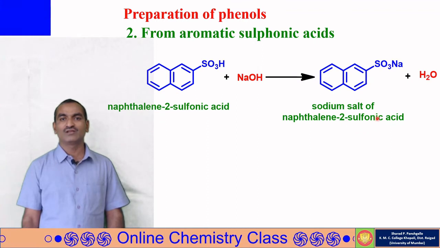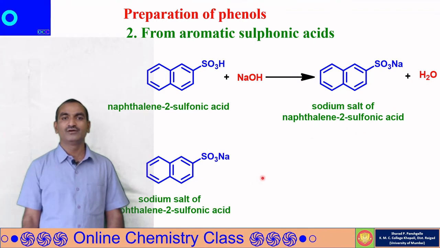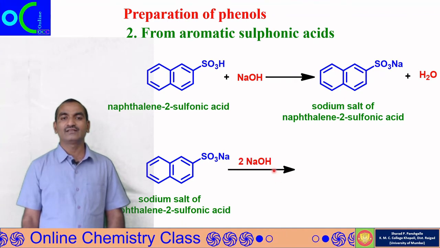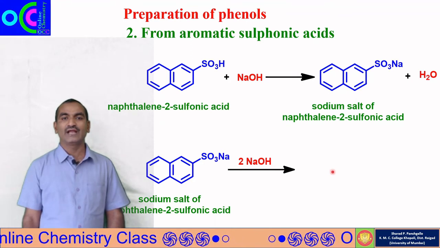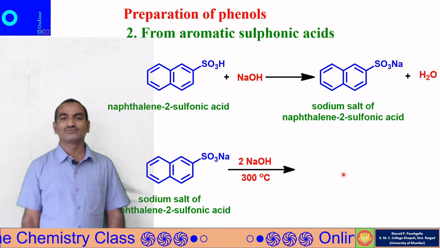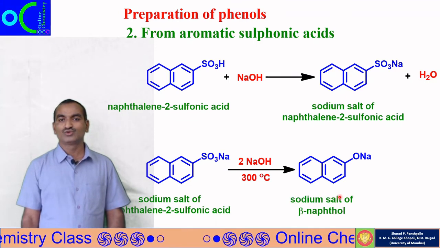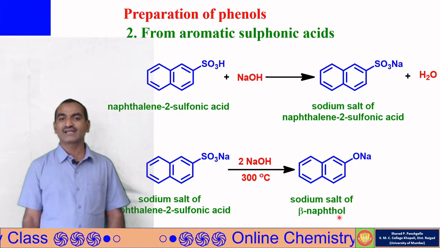Now this sodium salt of naphthalene 2-sulfonic acid, when fused with solid sodium hydroxide at 300 degrees Celsius, undergoes fusion and gives the sodium salt of beta-naphthol. So we will get the sodium salt of beta-naphthol as the product of the second step.